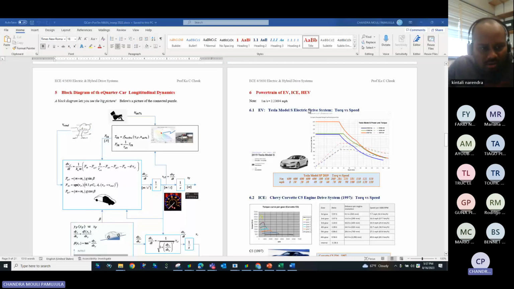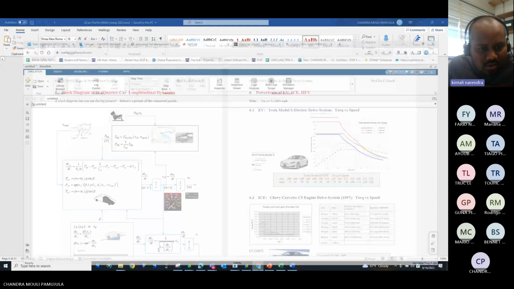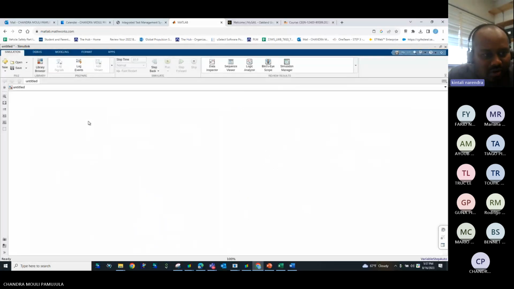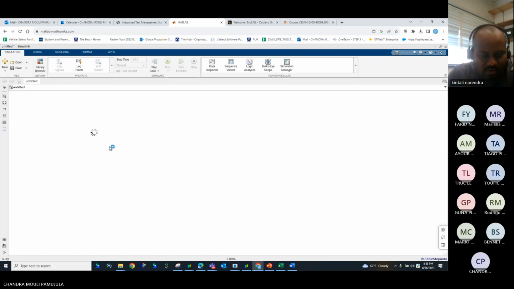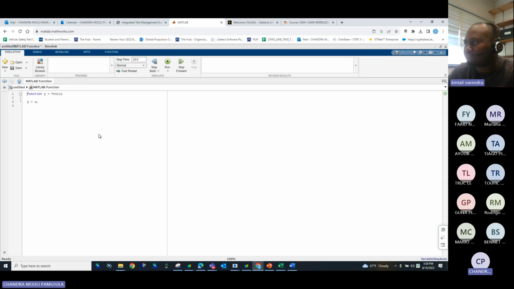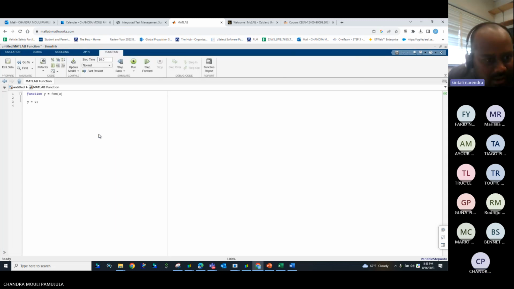Search for MATLAB function, the second one. Open it, double click it, then it will open. Then replace y with dvx by dt.